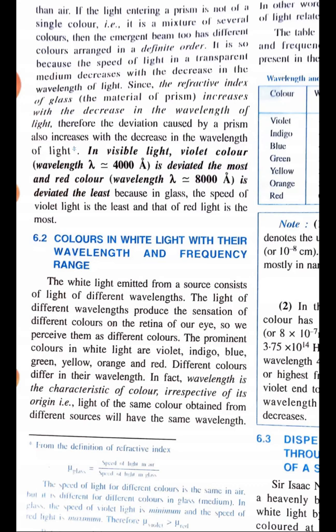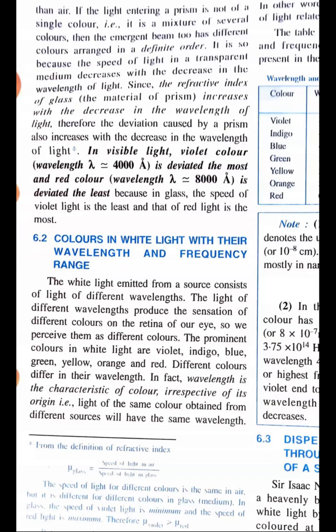And there are obviously 7 colors, as you all know: violet, indigo, blue, green, yellow, orange, red. Usually, we are not able to see all the colors very prominently. We just see that blue shade, then we see that yellowish green shade, and then we see the orangish red shade in a rainbow, right?